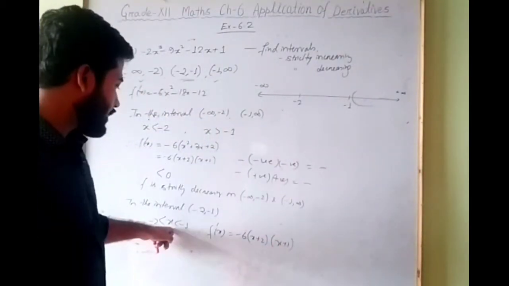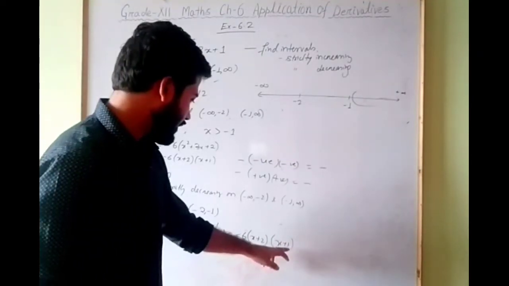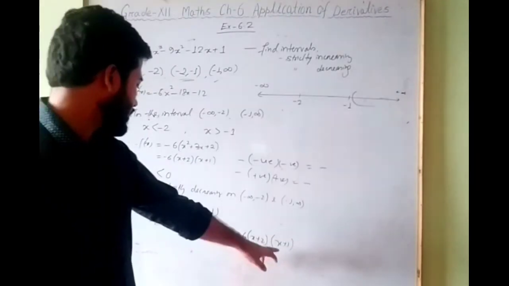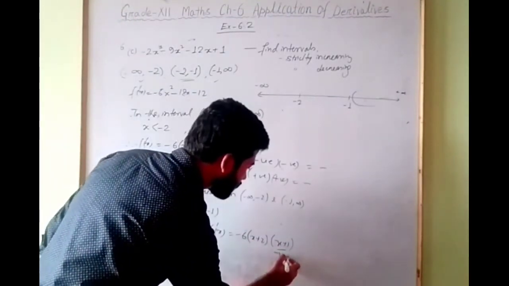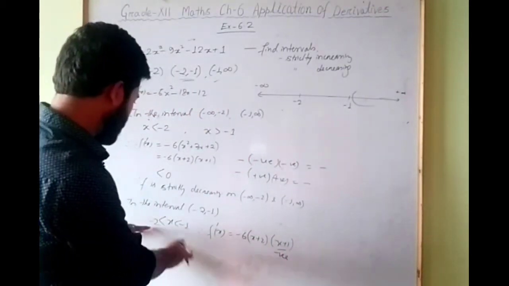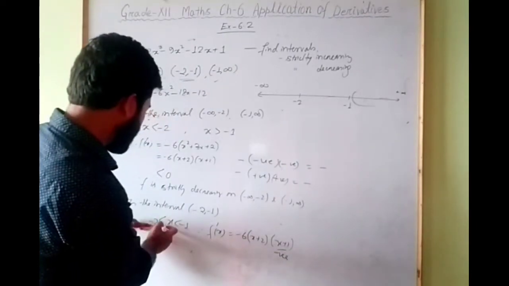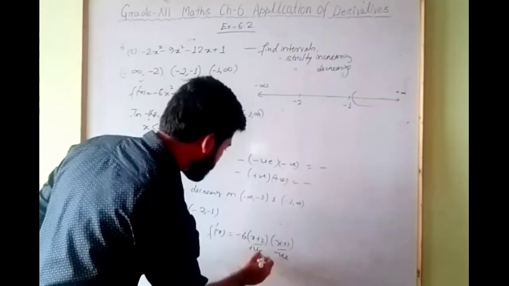So if you consider a number that is less than minus 1, it will be something like minus 1.5. So this part will be negative. And whatever number you take here, since it is greater than minus 2, this will be positive always, isn't it?